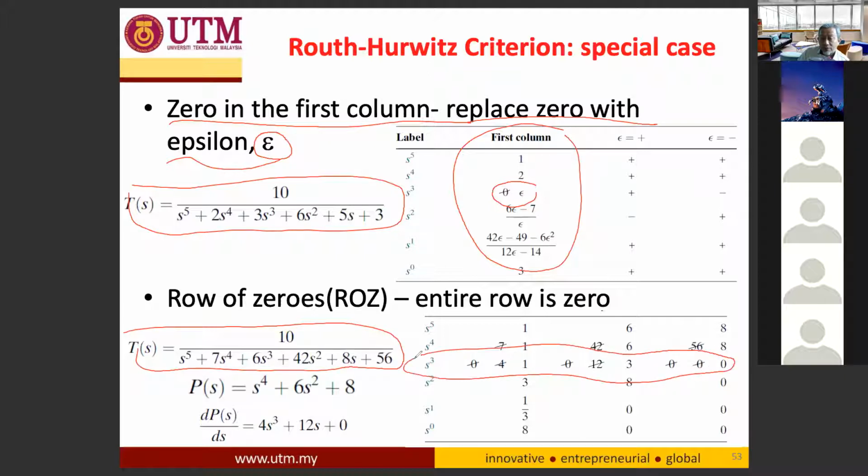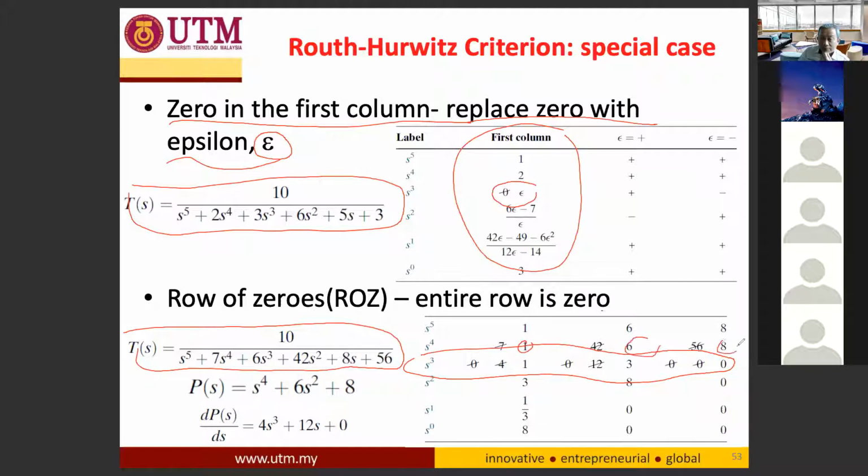If you see this kind of special case number 2, where the entire row is 0, you have to find the auxiliary equation, which is s to the power of 4 plus 6s squared plus 8.